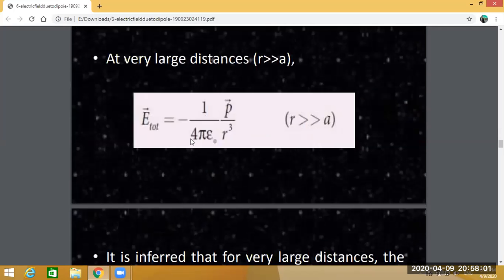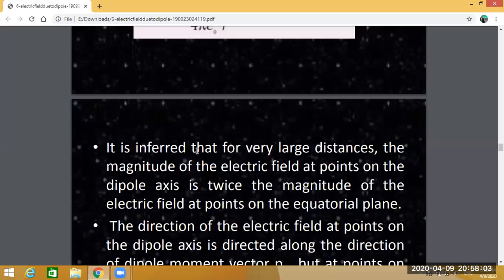Next thing is, it is inferred that for very large distances, the magnitude of electric field at a point on the dipole axis is twice that of the magnitude of the electric field at a point on the equatorial plane.